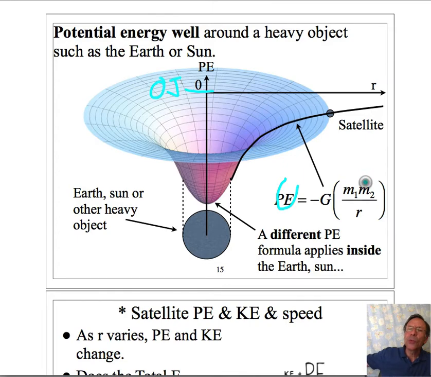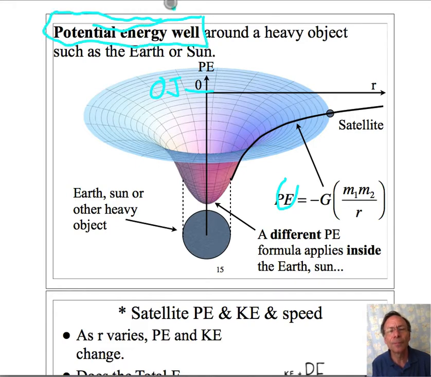And as you get closer and closer to the massive object, let's say it's the Earth, the satellite's potential energy is becoming more and more negative. Because when you graph it, you're going down, down, down, your potential energy is going lower, lower, lower, more and more negative. We call this a potential energy well, right? That's what I'm calling it right here, a potential energy well. Now you can imagine what a black hole's potential energy well looks like. That's interesting.